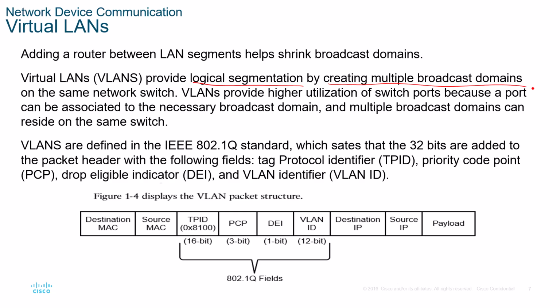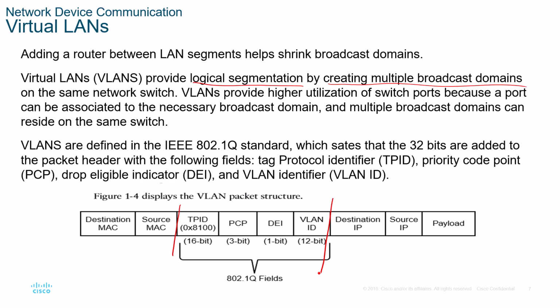So when you are looking at a frame header, there is the 802.1Q field, and we know that VLANs are defined by the 802.1Q standard, which does state there's 32 bits that are added to the packet header. Have to love the word, how they use packet header, frame, to the following fields.